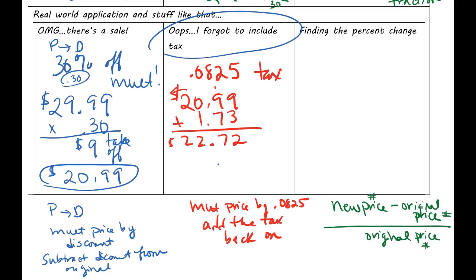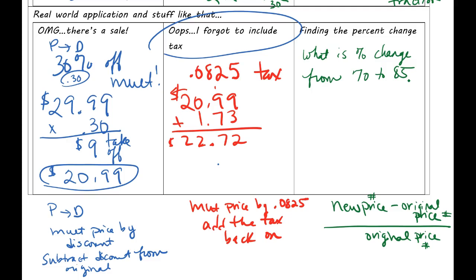So let's say that somebody asks, what is the percent change from 70 to 85? Okay, so we're going from 70 to 85, and we're supposed to find out what percentage that is or how much that changed by.